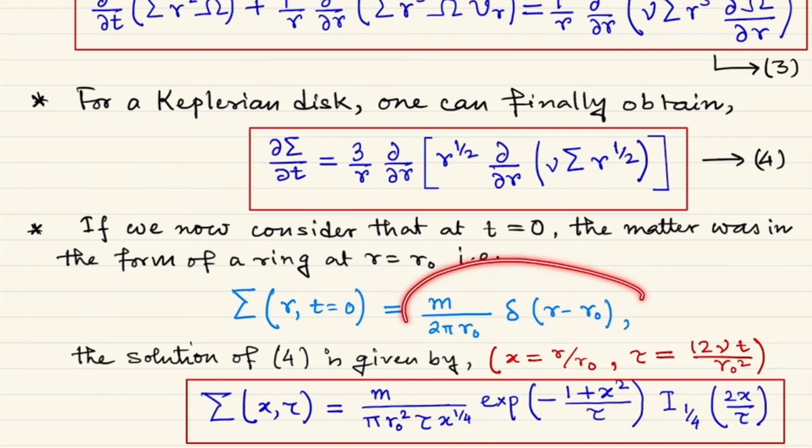That means the mass is only concentrated at r is equal to r0, a thin ring. Now with this initial condition, this equation finally gives this type of solution, where x is nothing but the non-dimensionalized r, that is r divided by r0.